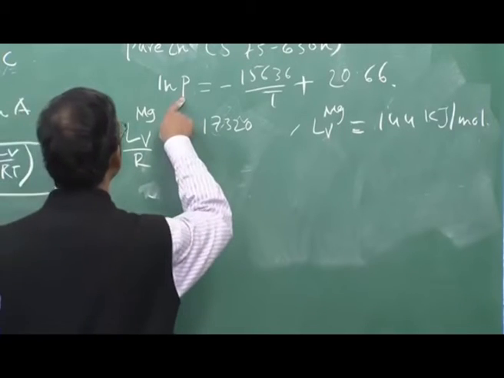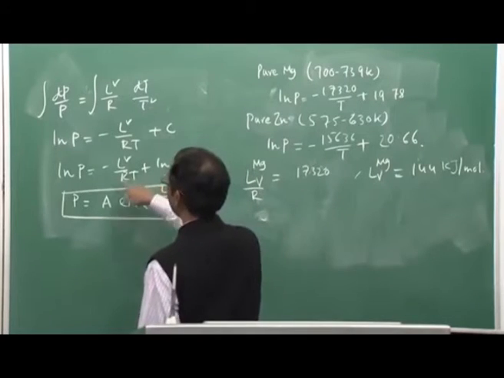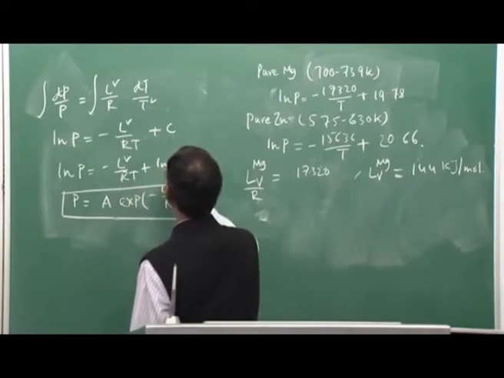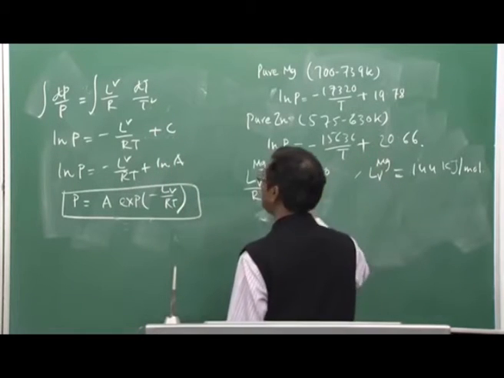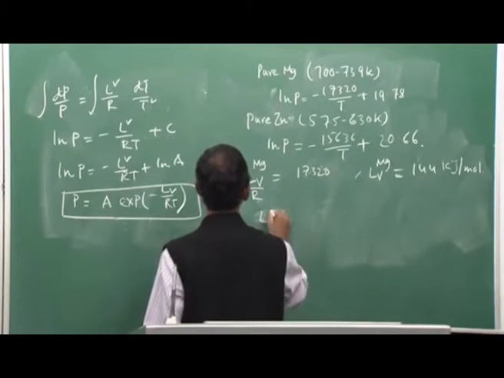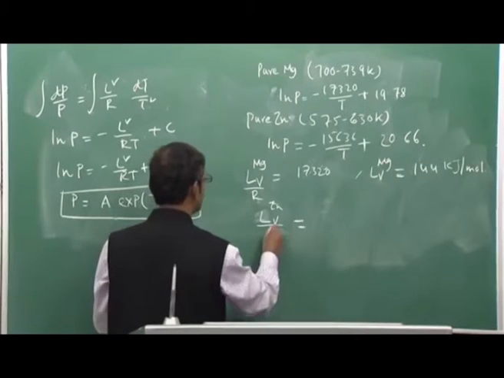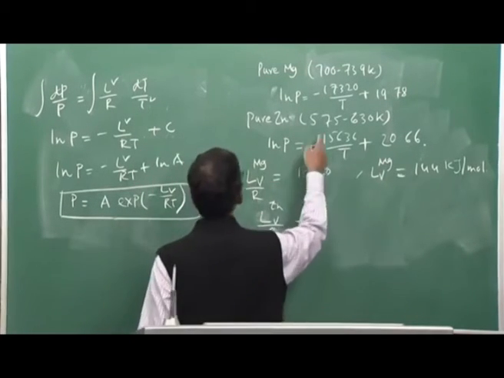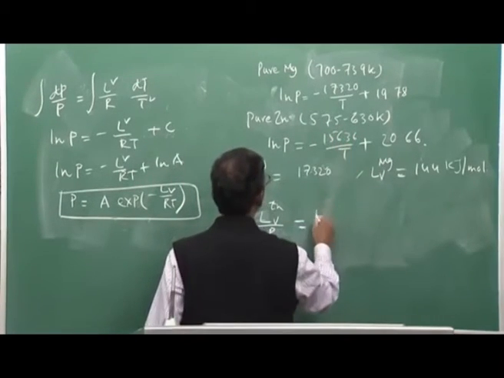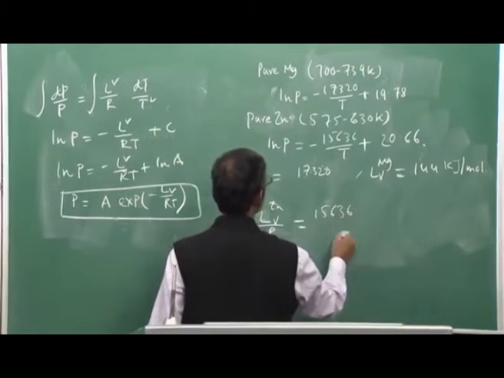Similarly, I can compare the zinc one with this equation, log of P equal to minus LV by RT plus log of A. You can see here that for zinc, LV zinc by R is equal to 15,636, because the minus signs cancel.